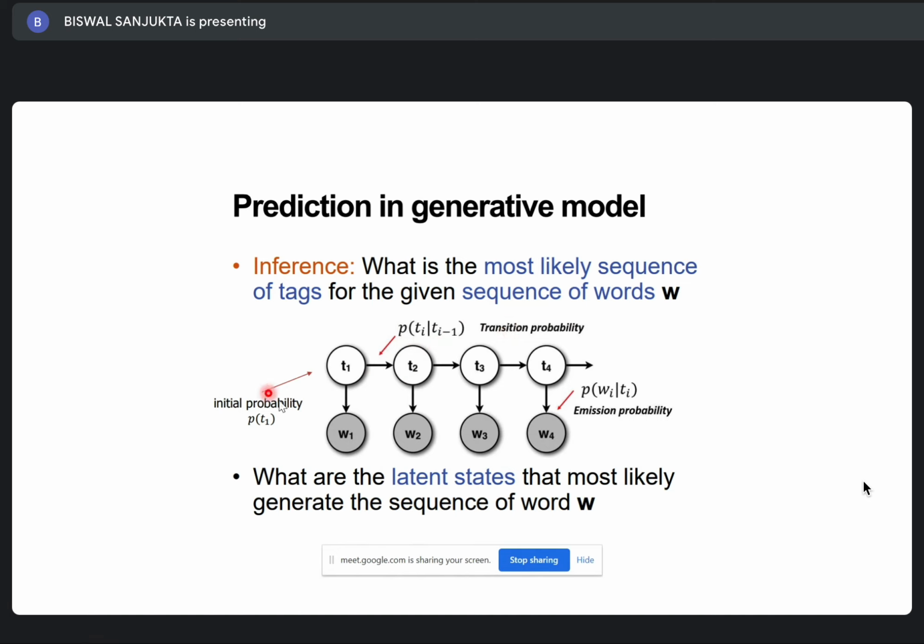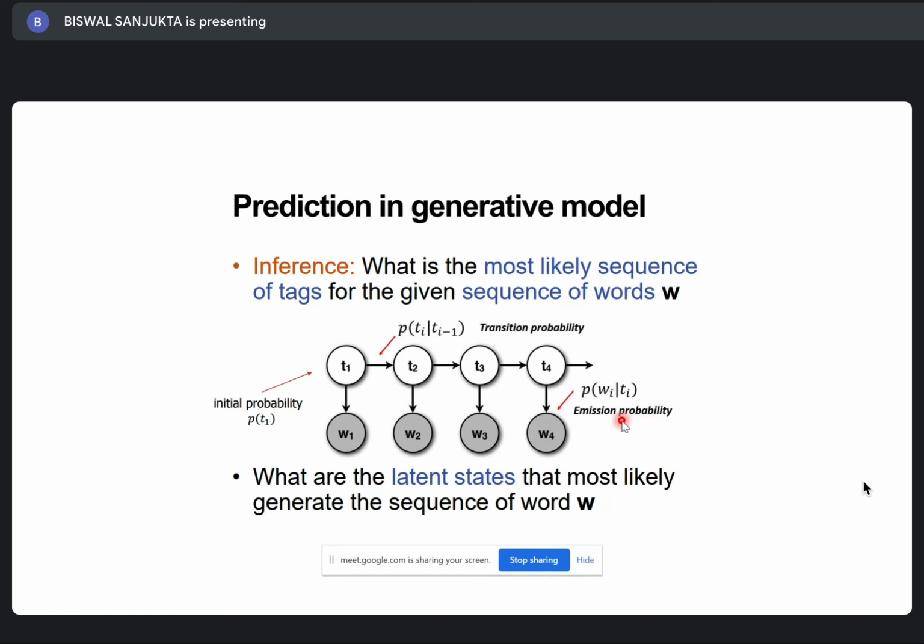And then the initial probability is: what is the probability that the T1 tag will occur first? It would be my tag corresponding to the first word of my sentence. That is known as your initial probability. And what is the emission probability?